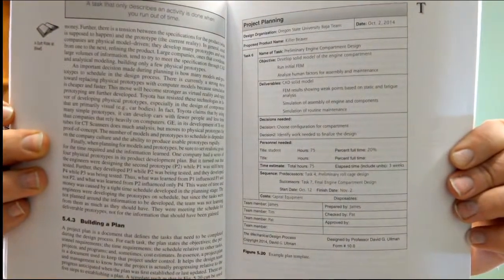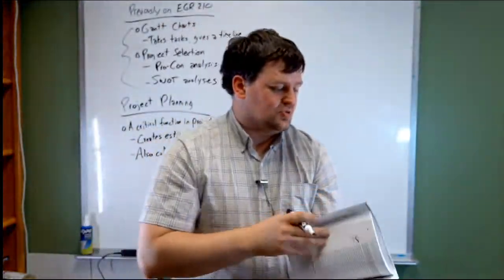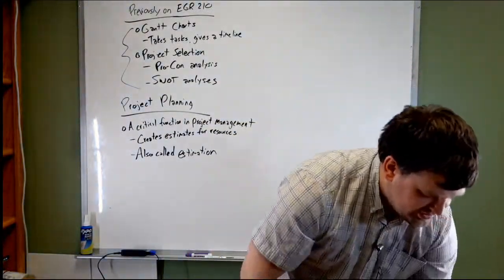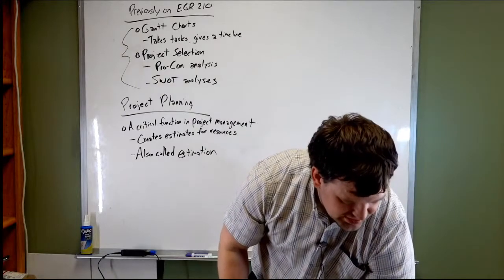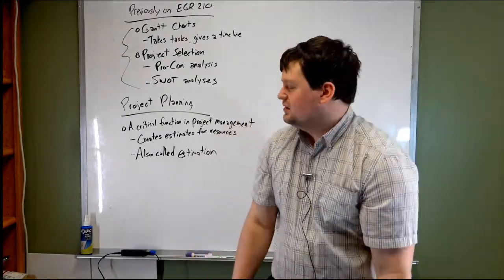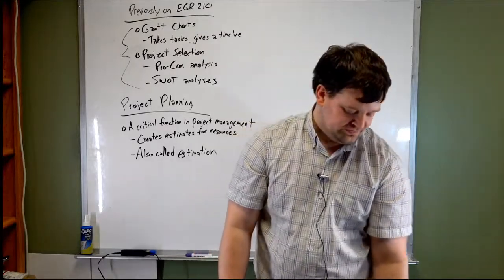Who knows if you can see it because I shifted all the lighting. This is on page 129. You can feel free to screen capture that if you really want a good picture of it. It's the nice thing about posting these to YouTube.